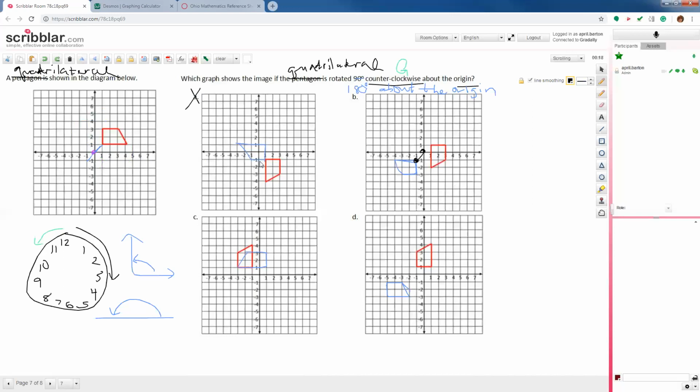So let me think of a different way to describe it. If you yourself were spinning in a circle, if you stay in the same spot spinning, then your center of rotation is you. It's in the center of you. But let's say you're spinning around a pole you're holding. Your arm is actually connected to that pole, and your body is moving around the pole in a circle. So that's the difference.